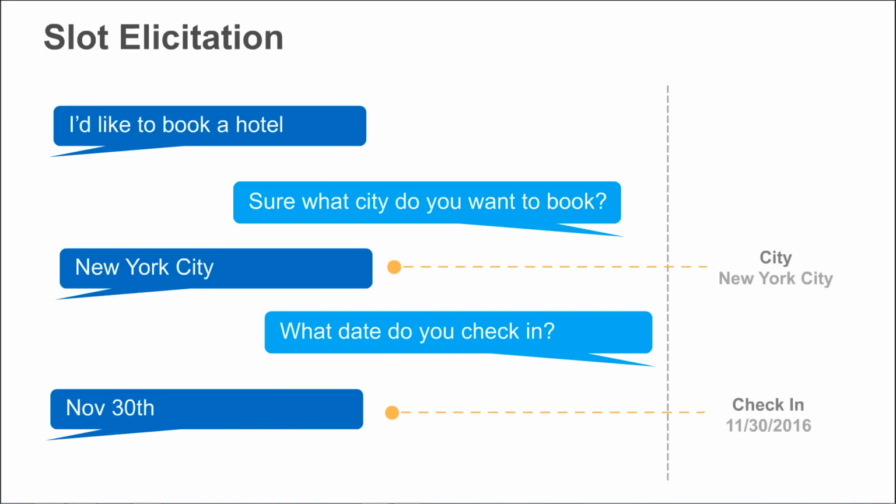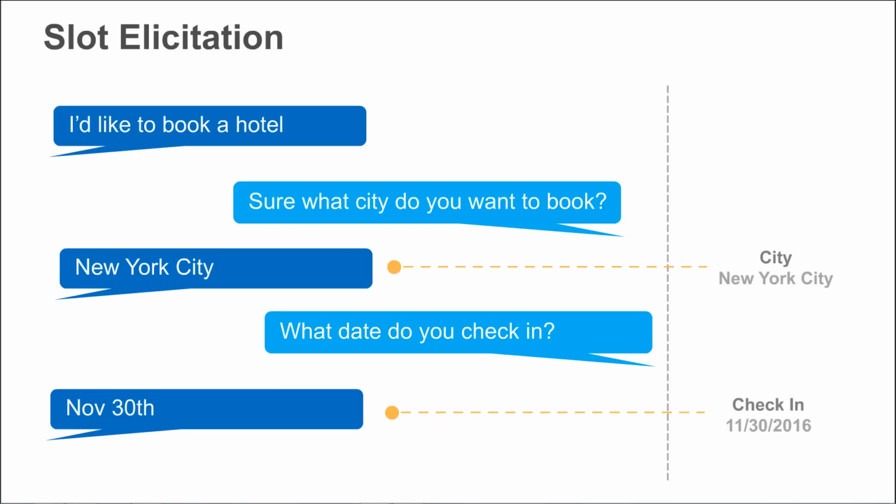Slot elicitation. What we mean by slot elicitation is, I'd like to book a ticket. The Amazon Lex runtime figures out that these three different slots are needed in order to fulfill this intent, and it needs to elicit that data from the customer.